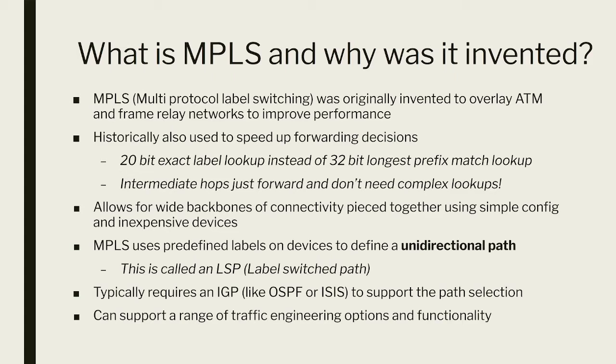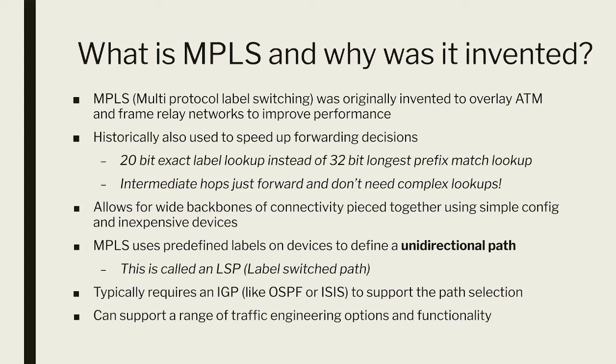But if you want to use the likes of RSVP and some of its advantages and its extensions, well, then that's where something along the lines of OSPF or ISIS running in your network would be beneficial. It would support your path selection, and it would allow you to make some more dynamic decisions based on maybe some impacts that are going on in your network or traffic patterns that you did not plan for.